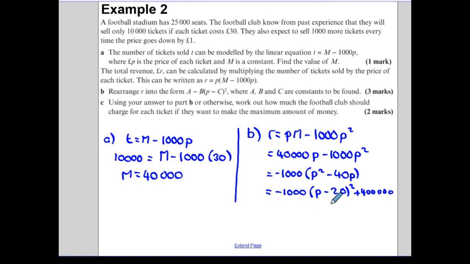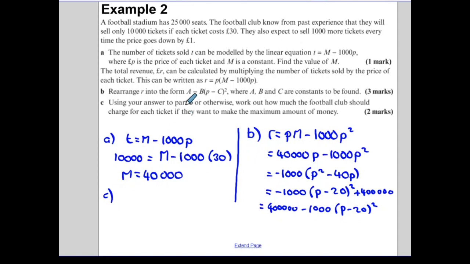And now I'm just going to rearrange that so it's in the form that was asked for. It's 400,000 minus 1,000 (p minus 20) squared. So we could then state that A is 400,000, B is 1,000, and C is 20.